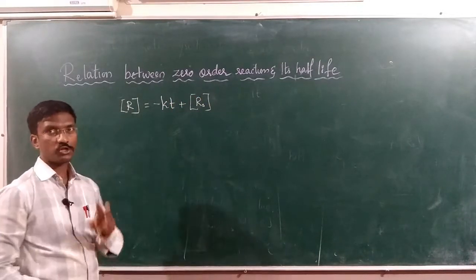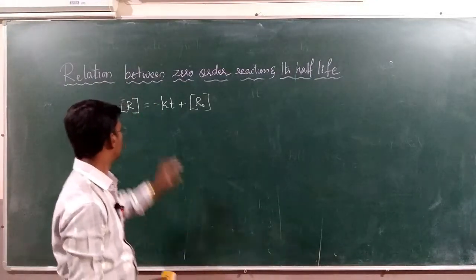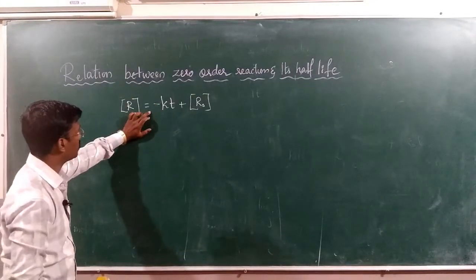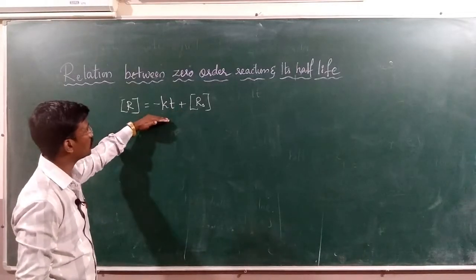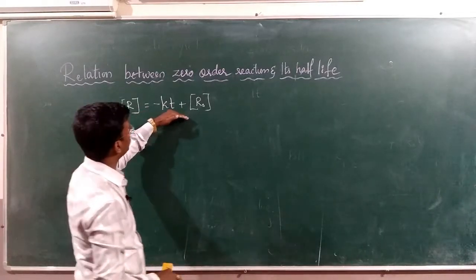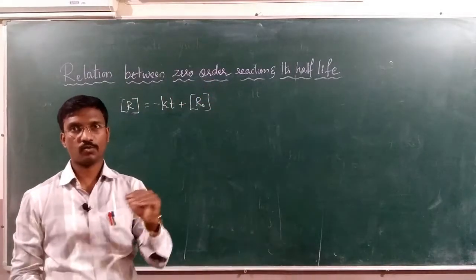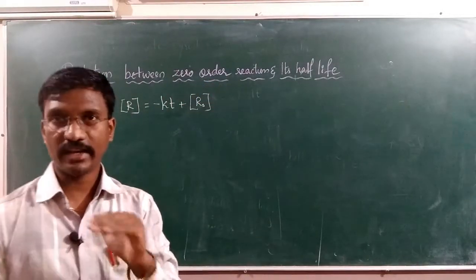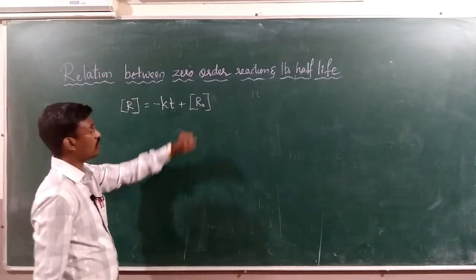By substituting equation number 2 into 1 in the last equation, we calculated this: R is equal to minus Kt plus R naught. This is the in-between equation obtained while deriving the zero order reaction.